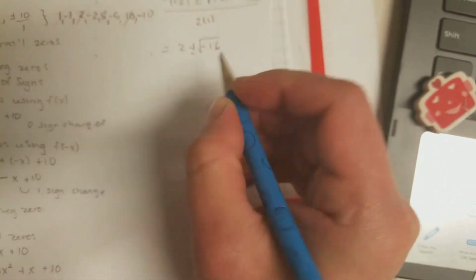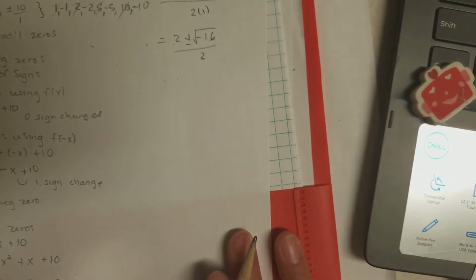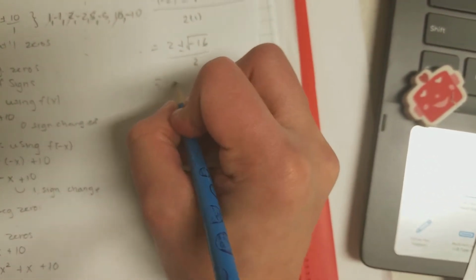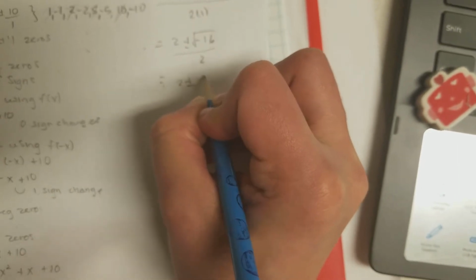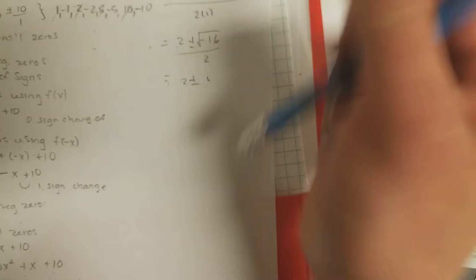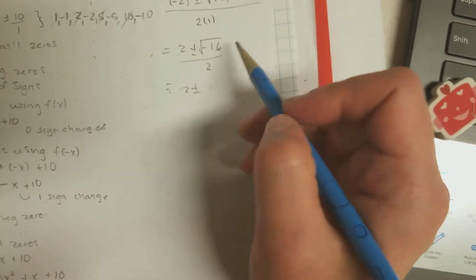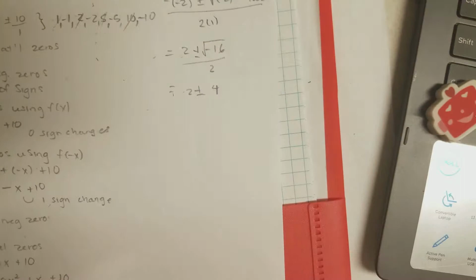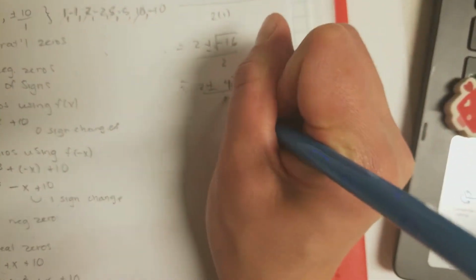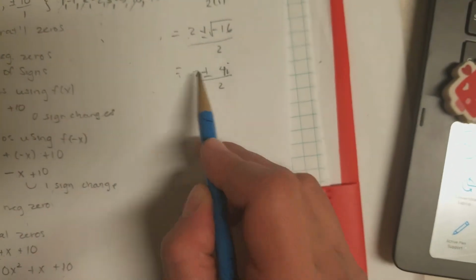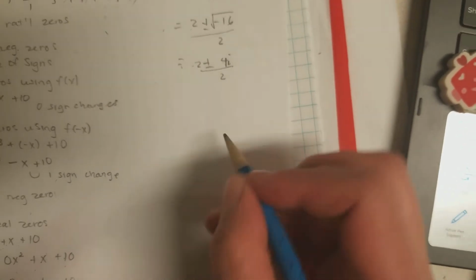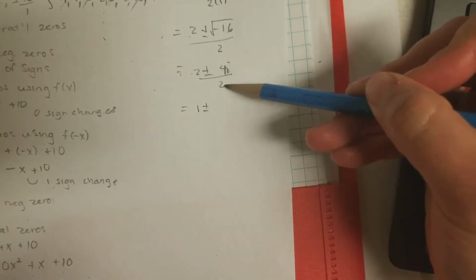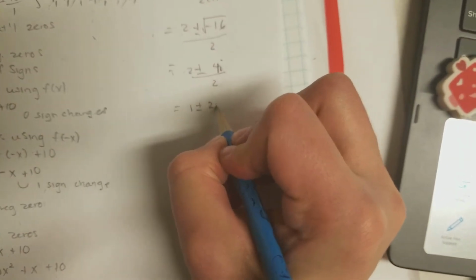Negative 16 over 2. And then if we reduce this down, this would be 2 plus or minus... the square root of negative 16 is 4i, over 2. I can take 2 out of this one and 2 out of that one. 2 divided by 2 is 1, plus or minus 4i divided by 2 is 2i.